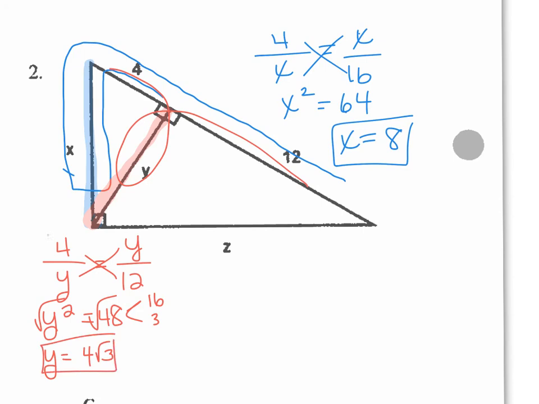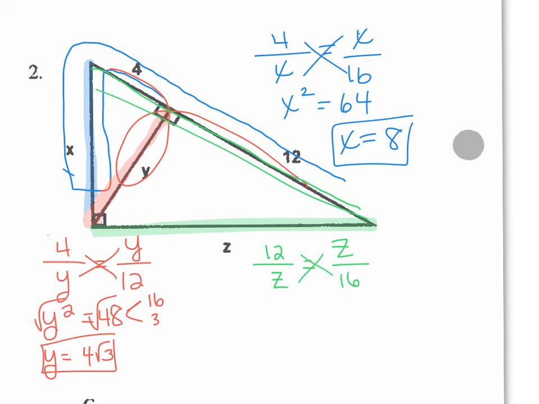And last but not least, z. Is z an altitude or is z a leg? Z is the leg. So I'm going to do the piece closest to the leg. Looking at this hypotenuse, what piece is closest to that leg? 12 is. 12 over the leg equals the leg over the whole hypotenuse. 12 and 4 make 16. I'm now going to cross multiply.